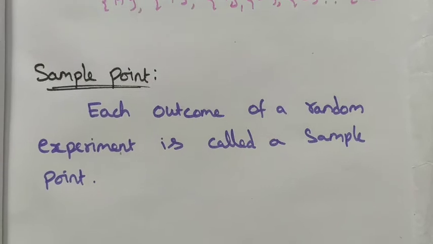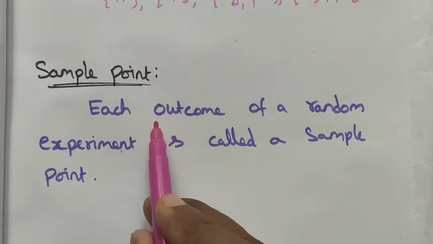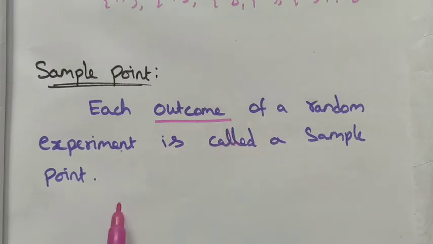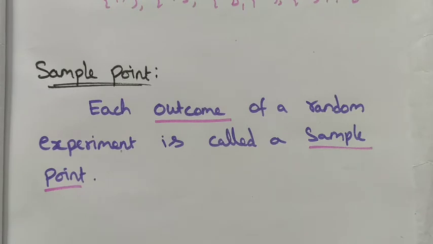Next we see the sample point. Each outcome of a random experiment is called a sample point. In each and every experiment we have an outcome. Without an outcome we cannot do any experiment, right? So we expect one outcome when we experiment.